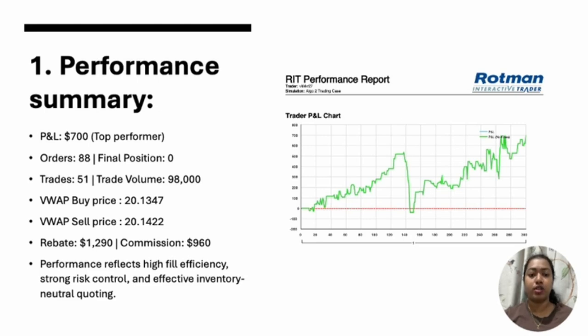The number of orders was 88 and the final position maintained was 0, the trades were 51, and the trade volume was 98,000, with a rebate of $1,290 and a commission of $960 paid. The performance reflects high fill efficiency, strong risk control, and effective inventory neutral coding.